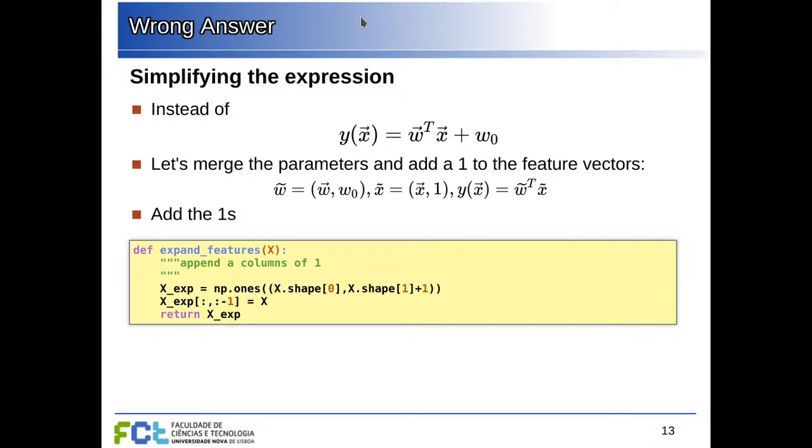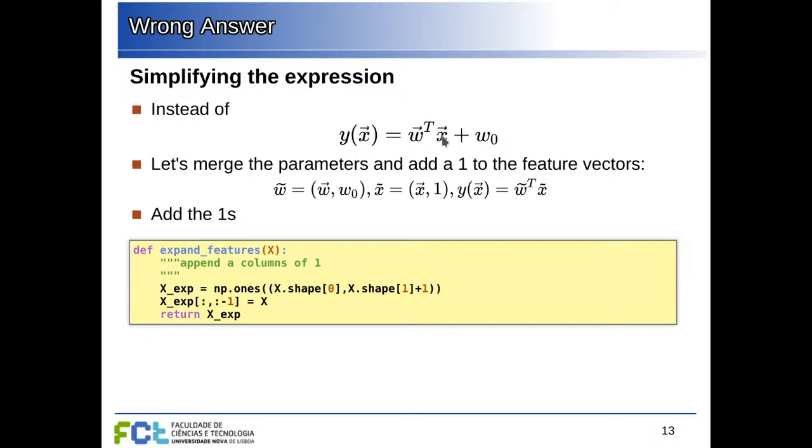Okay, one thing that you're going to see sometimes in the literature is a simplification of this expression. Instead of having the coefficients that multiply the features in this inner product separated from this constant that determines if the plane is higher or lower, we can rewrite this expression by adding a 1 to the features.